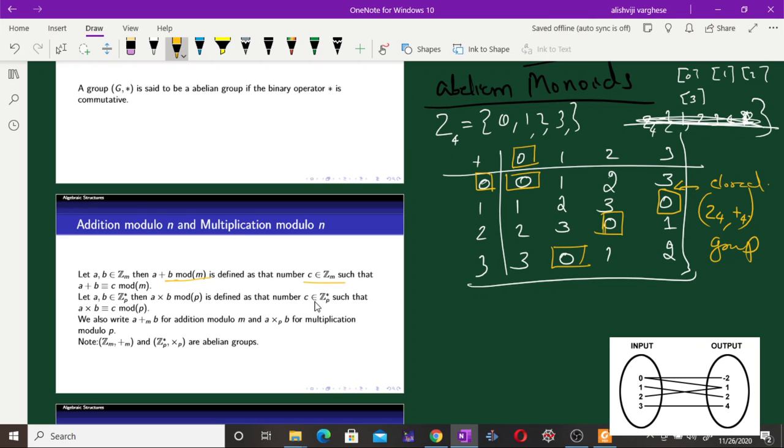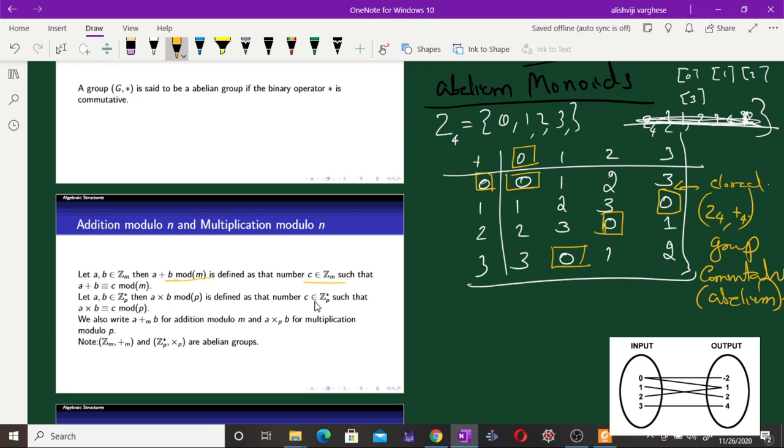The rows are 0, 1, 2, 3; 1, 2, 3, 0; 2, 3, 0, 1; and 3, 0, 1, 2. So it is symmetric about the main diagonal axis, and that implies that this group is a commutative group. It is commutative, or in other words, abelian. It is an abelian group or commutative group.